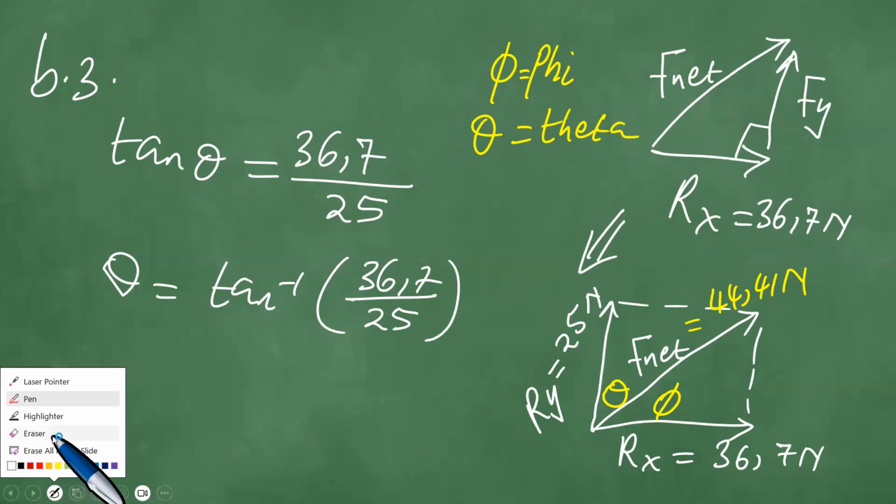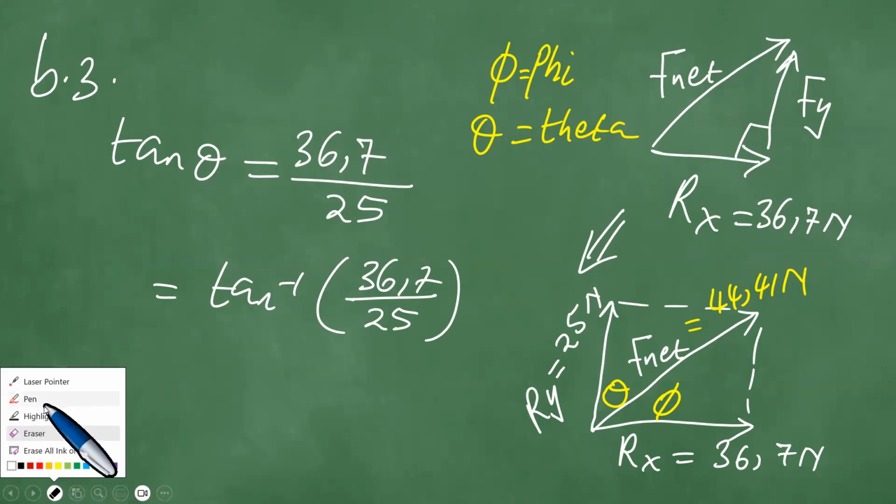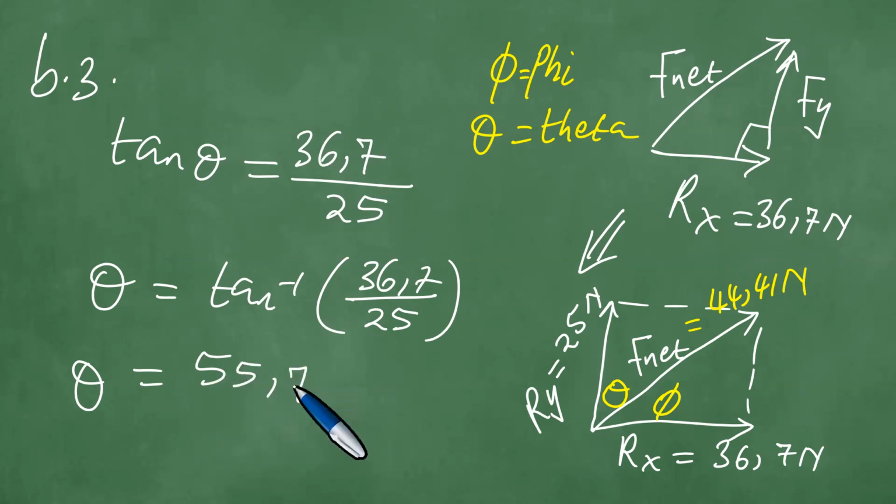Right, okay, look at this carefully and make sure you understand what's happening here. So this is the angle theta, and the direction the examiner wants is this one. If you use the calculator, you'll get 55.74 degrees.